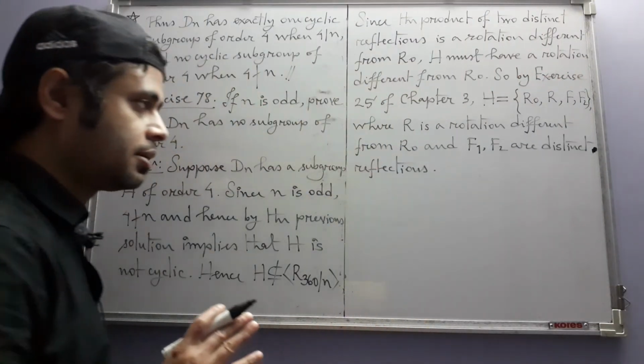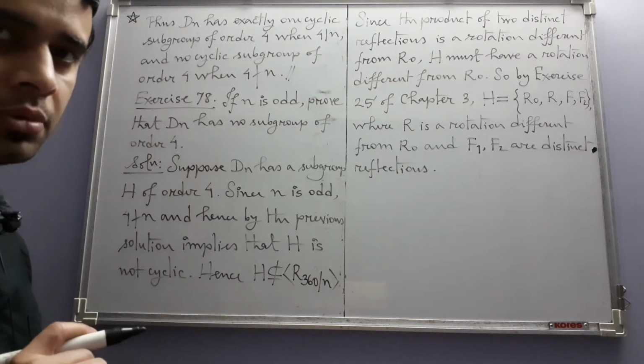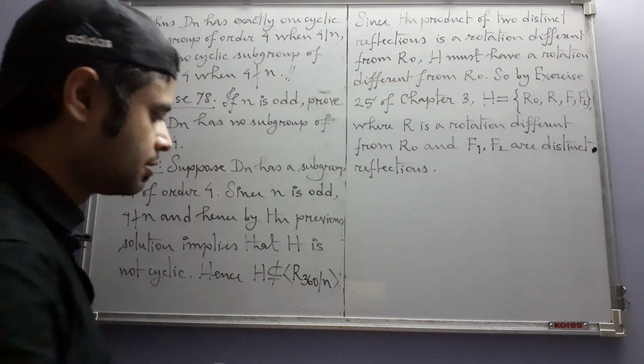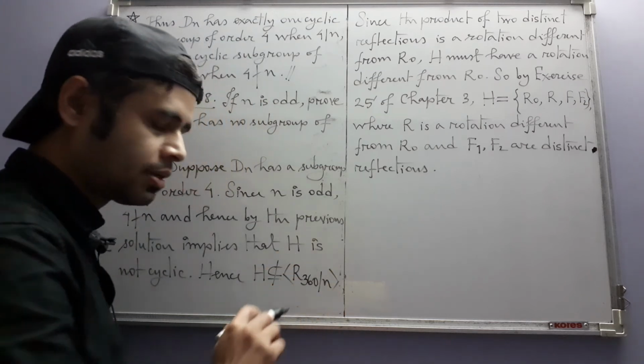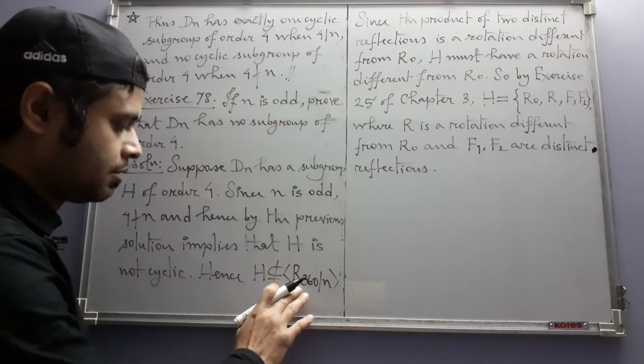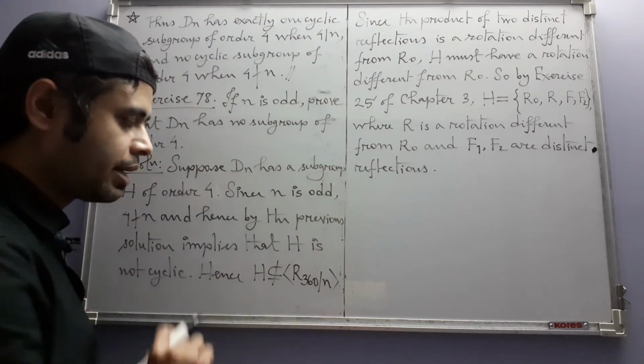Now R is a rotation different from R0. That means R belongs to this cyclic subgroup and R is a non-identity element.